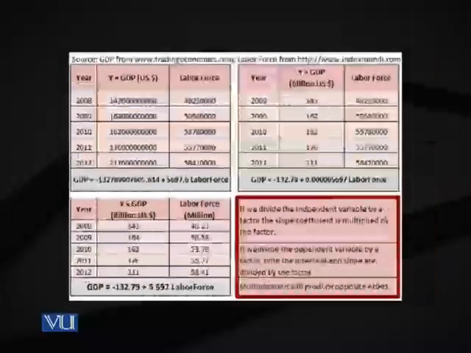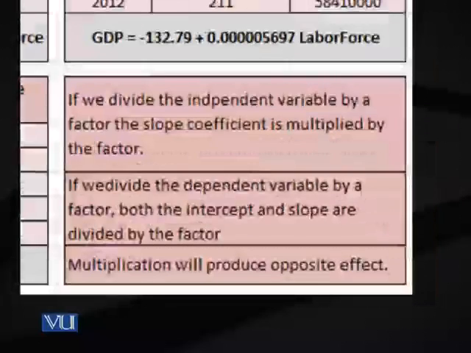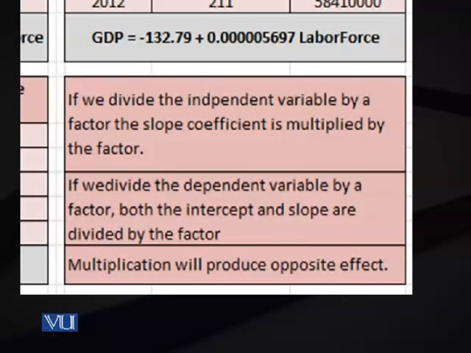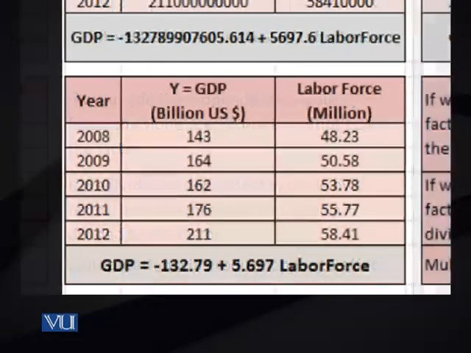So on the right side below table 2, I have given some statements, like if we divide the independent variable by a factor, the slope coefficient is multiplied by that factor. As you can see, we have divided labor force by a million. So the coefficient that was computed was 0.00005697. So this has been multiplied by 1 million and you get the value 5.697 in the third table.